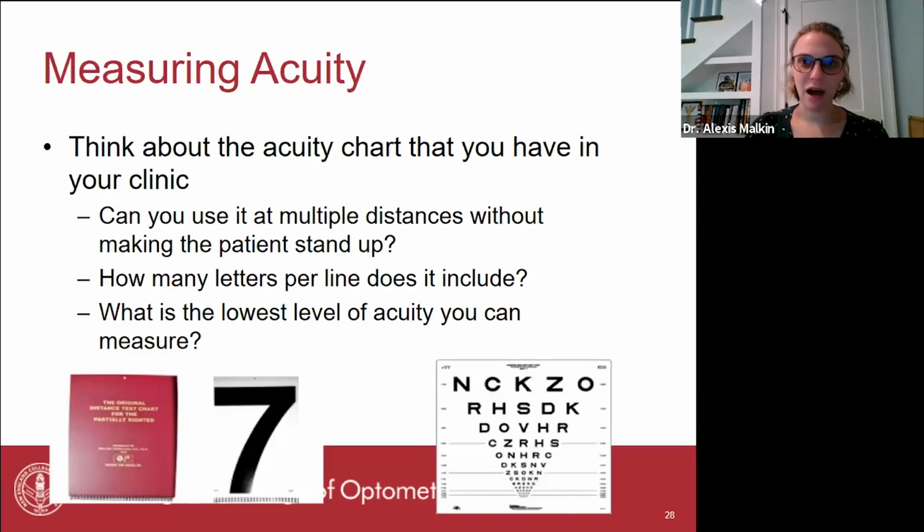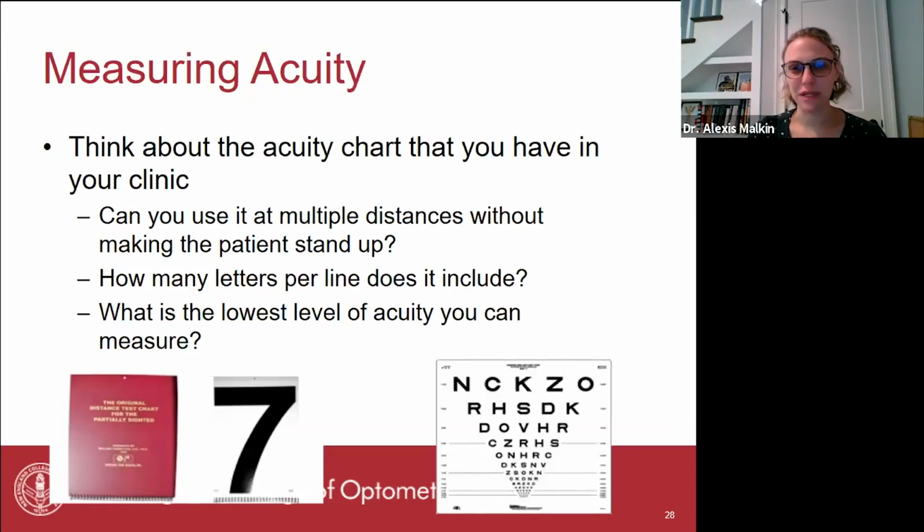And you also want to think about the lowest level of acuity you can measure. A benefit of the Designs for Vision chart is that you can bring it right up to the patient, to a foot in front of them. So you can measure 1 over, I believe that biggest number is 800. So you can get a really reduced level of acuity measurement, which is better than assuming hand motion or trying to get a patient to count fingers.